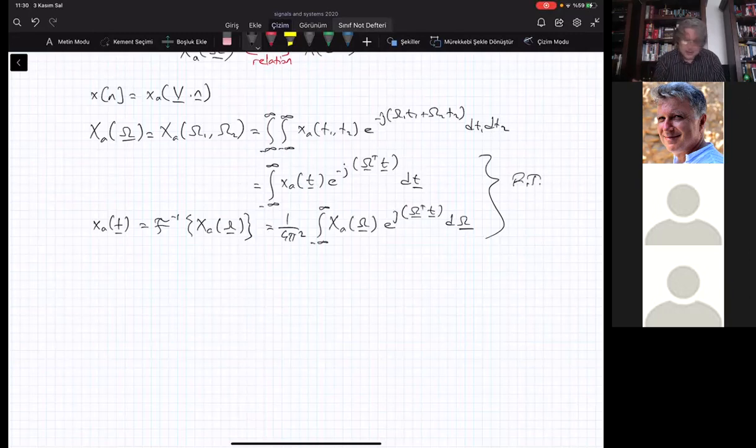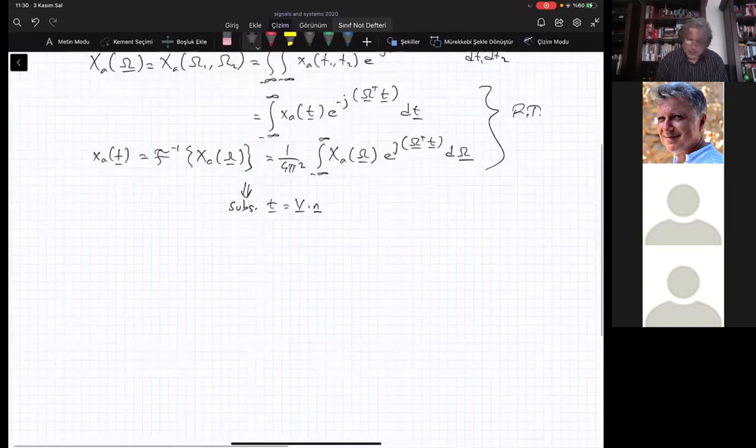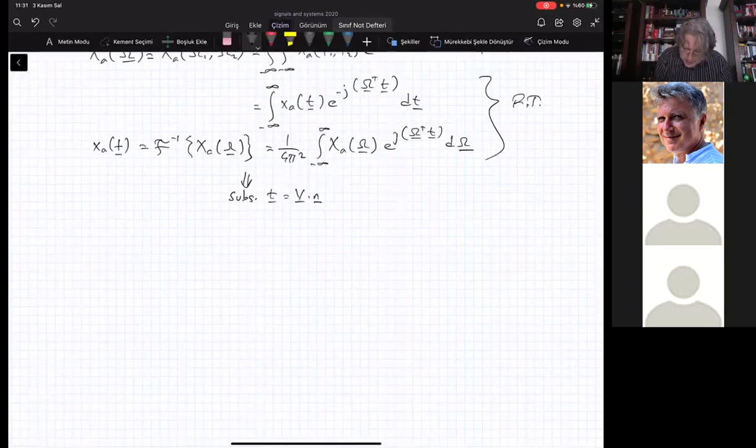So when I write it like this, I can now substitute t is equal to v times n, which corresponds to the sample points. Now, at the sample points, what happens? The left-hand side of the equation becomes xa of v times n, which is actually x of n in discrete time, is equal to 1 over 4 pi squared.